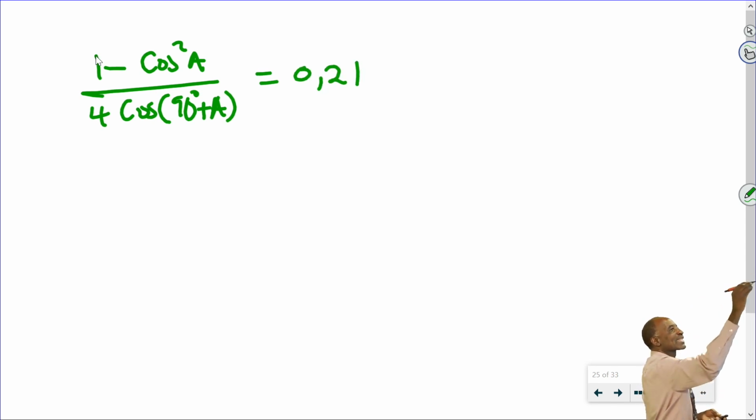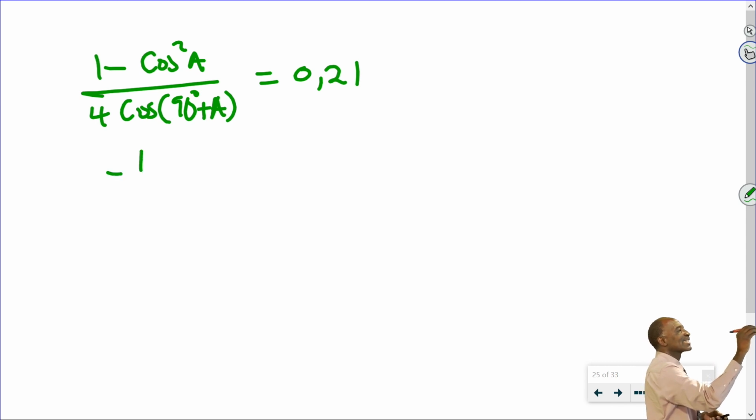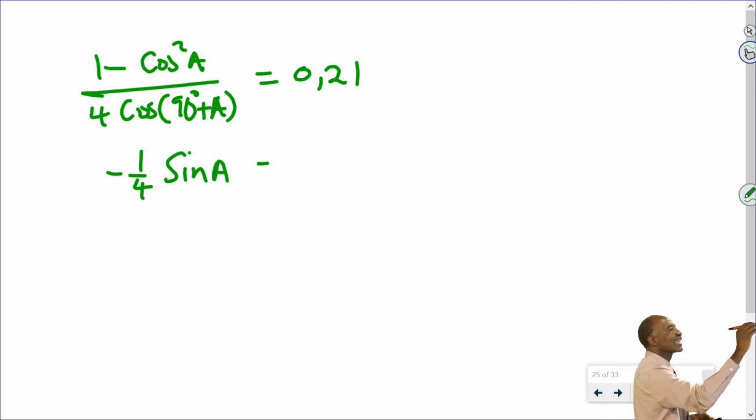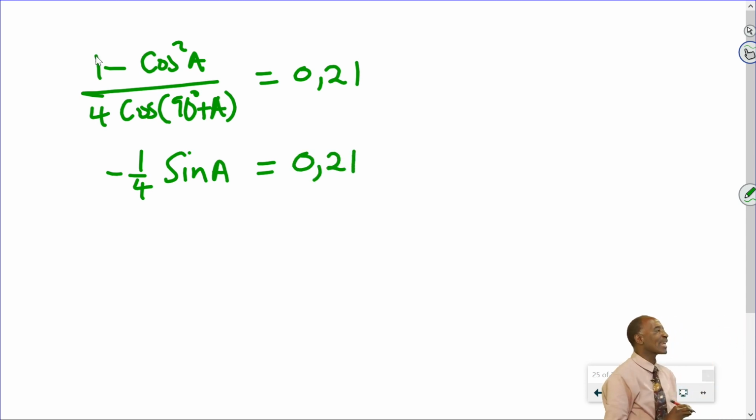But from our previous result, we realized that this is negative a quarter of sine A. That's what we mean by hence. Use the previous result. It makes your life easy now, and you just have to isolate your sine A.